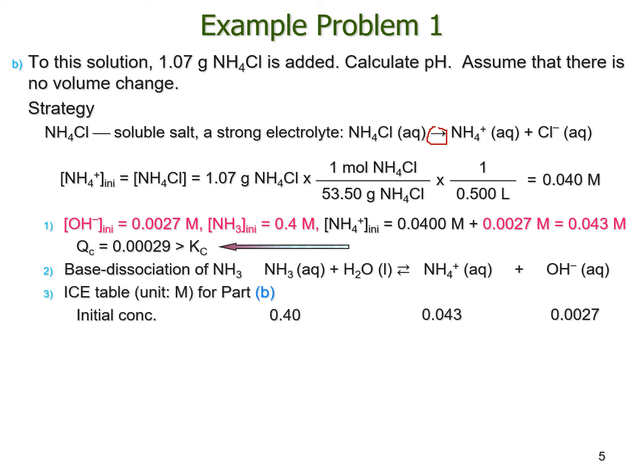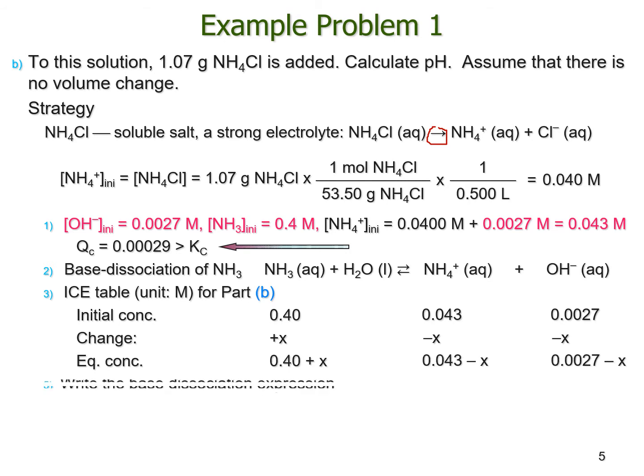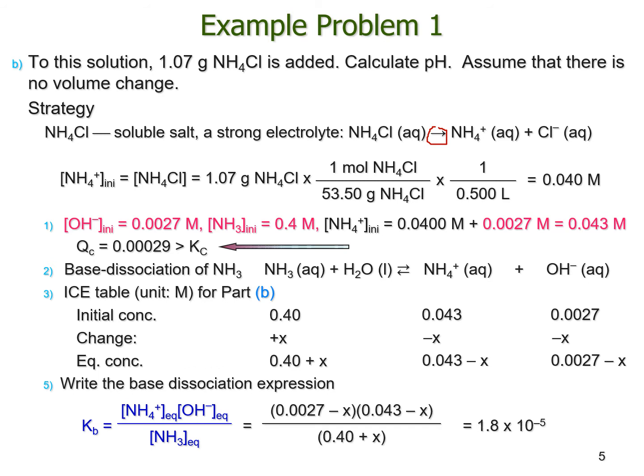All right. So now that we lay out the initial concentrations, we understand the left-hand side is the product side of this new equilibrium. So we put a plus X on the ammonia, and minus X for ammonium and hydroxide based upon this stoichiometry. And we calculate the equilibrium concentrations and apply the Kb to it.